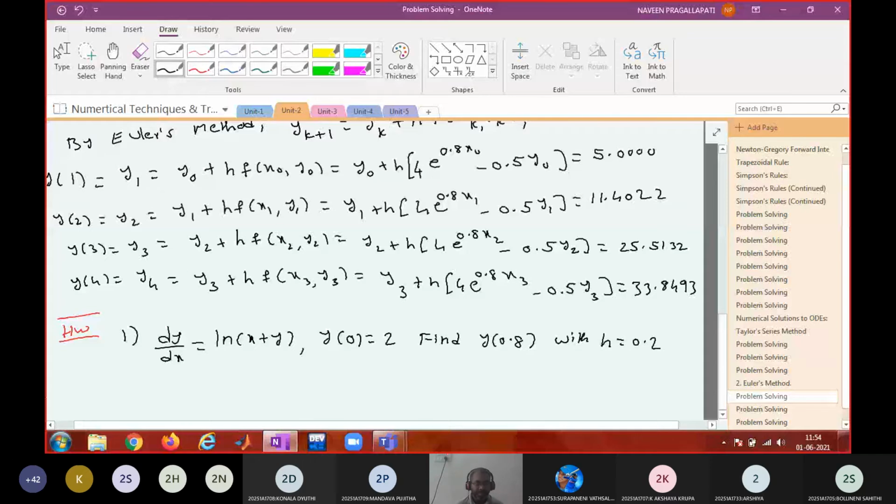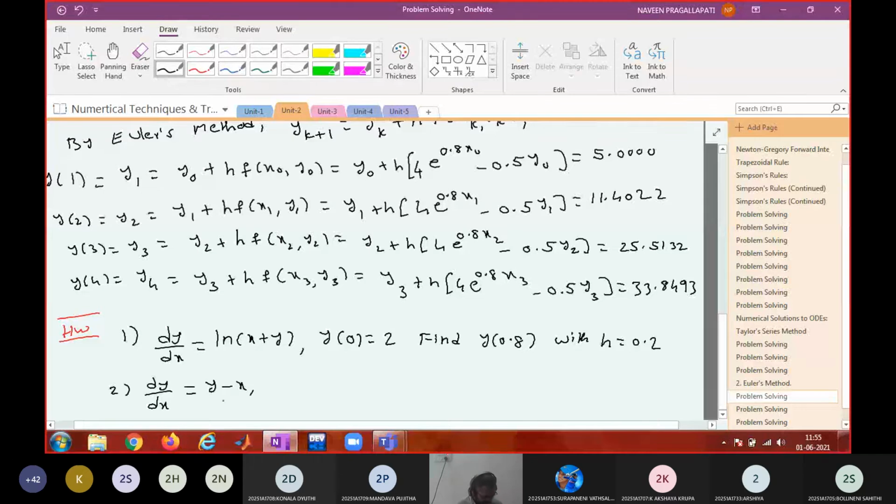Second one, dy by dx equal to y minus x with y of 0 equal to 2.